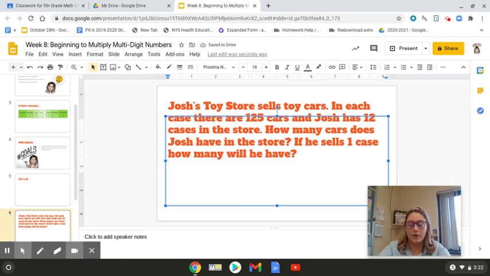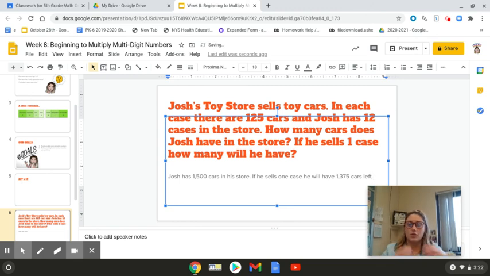Okay, so a great sentence to conclude with would say, Josh has 1,500 cars in his store. If he sells one case, he will have 1,375 cars left. Notice that because we answered 2 questions, I have 2 sentences.